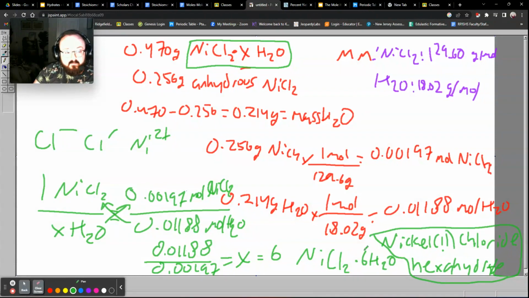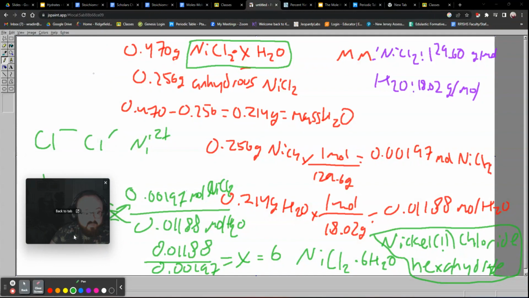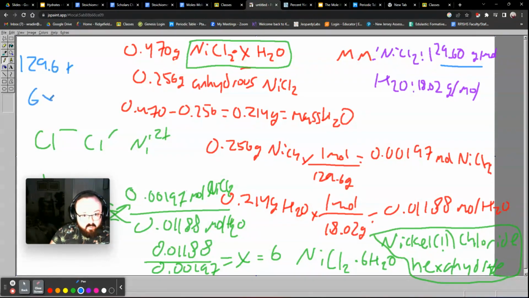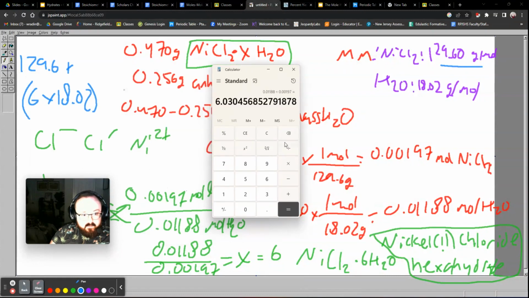And how do I calculate the molar mass of this? Well, I already have nickel chloride, so that's going to be 129.6, plus, well, I have 6 waters, so 6 times 18.02. 108.12 plus 129.6.